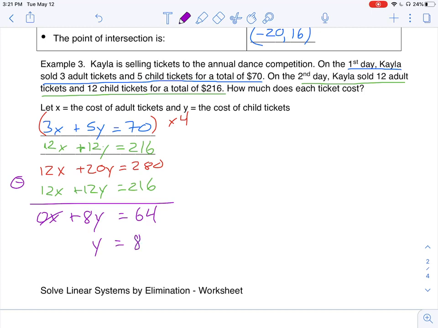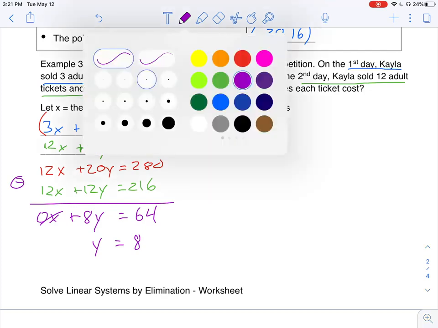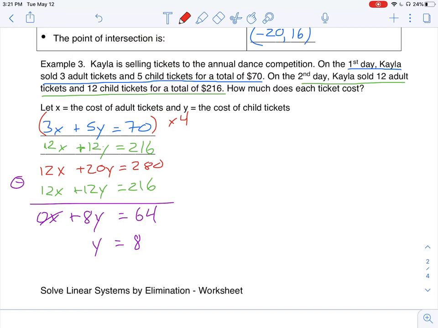So I know my y value is 8. So then I'm going to sub my y value. I'll write this over here. Sub y equals 8 into, I'm going to do the first one, into equation number 1.